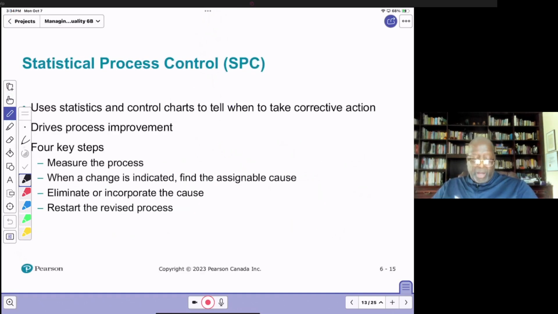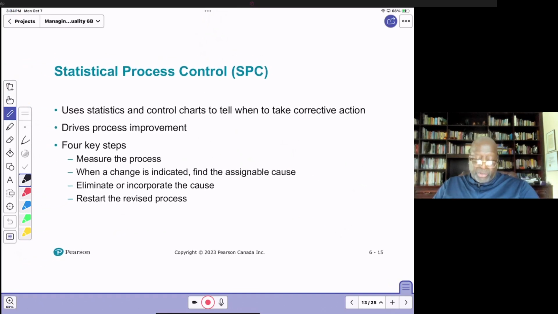Okay? Statistical control charts, basically there are different types of control charts to monitor different aspects of a process. You could focus on the process mean or the average of the process. You could focus on the process variation.